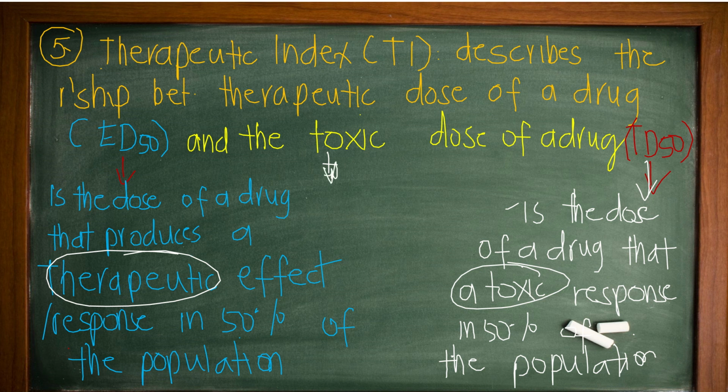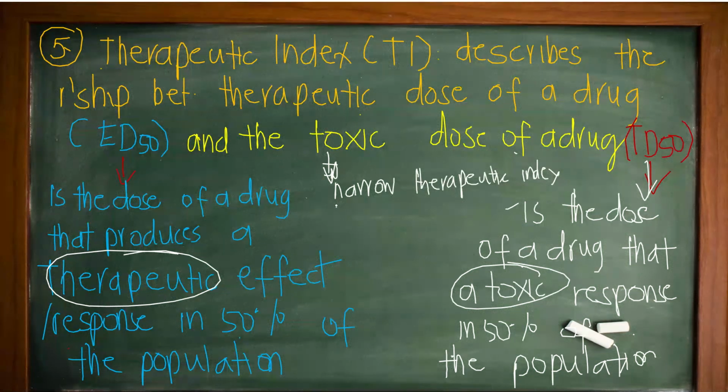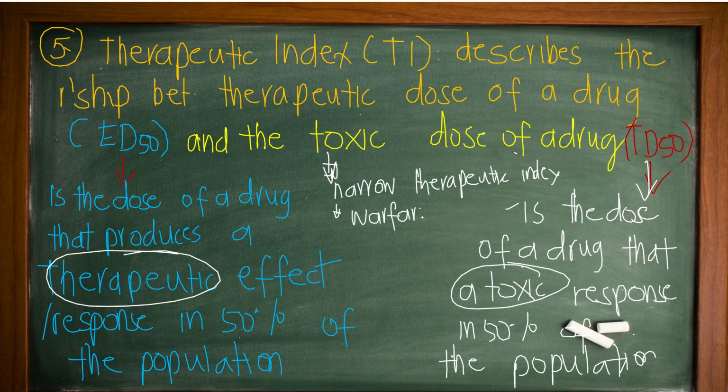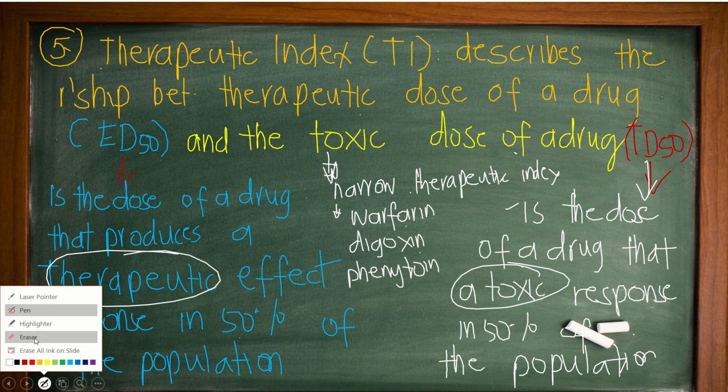So may mga drugs na narrow therapeutic index. What are those? We have warfarin, we have your digoxin, and we have your phenytoin. Those are examples of drugs that have a narrow therapeutic index.